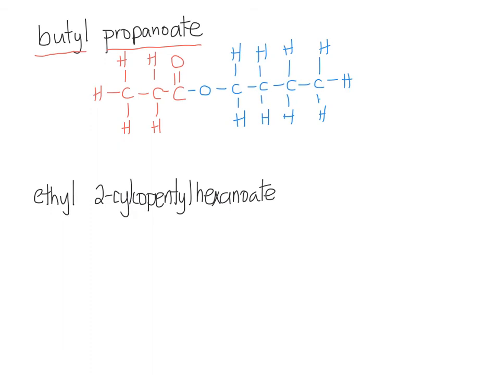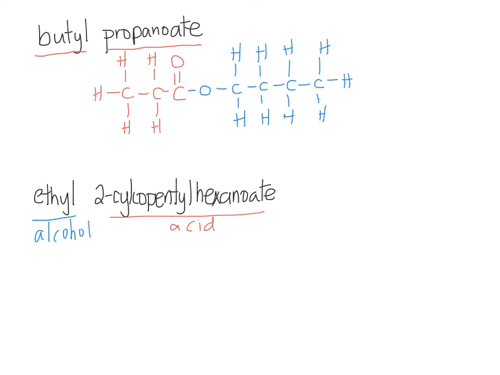Okay, next one, ethyl 2-cyclopentyl hexanoate. This is our alcohol portion, and this is the portion that came from the acid. So it was hexanoic acid with a cyclic side group.